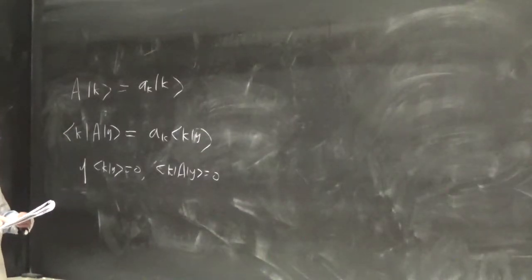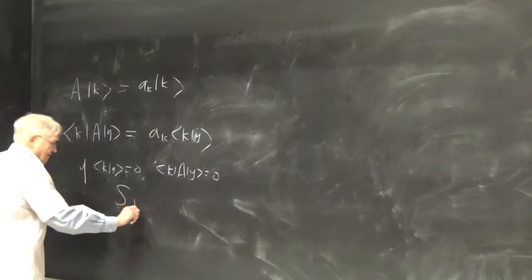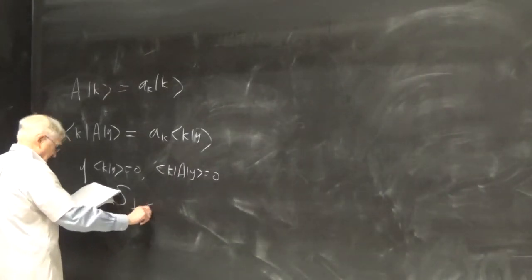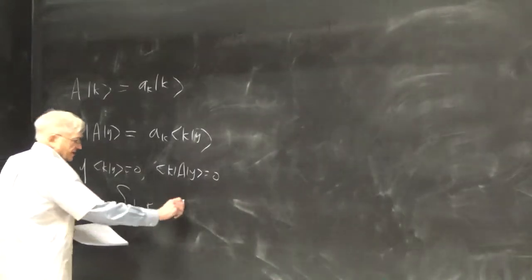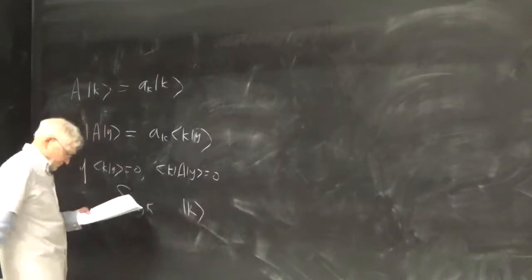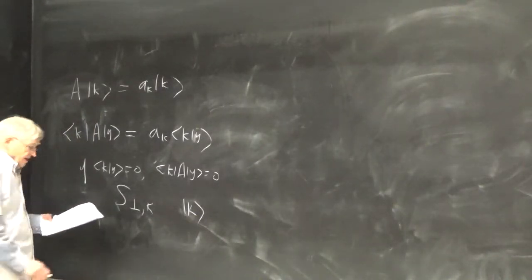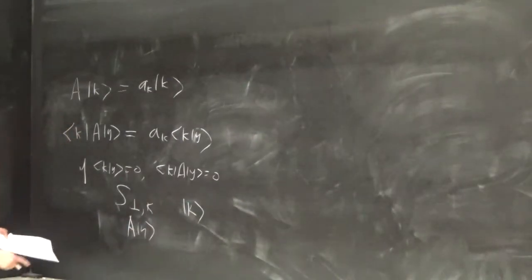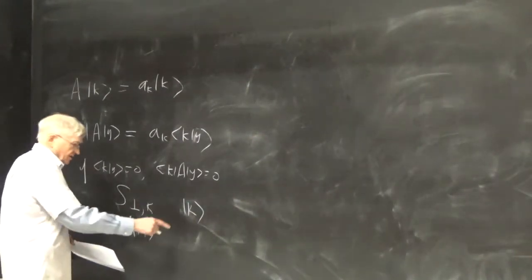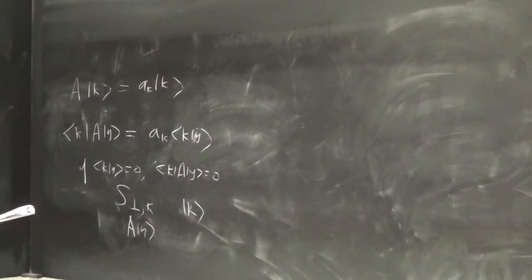If the vector y is in the space y perpendicular to k, the space of vectors orthogonal to the eigenvector k of a Hermitian operator A, then the vector A y is also in that same space. That is to say, it's orthogonal to k.